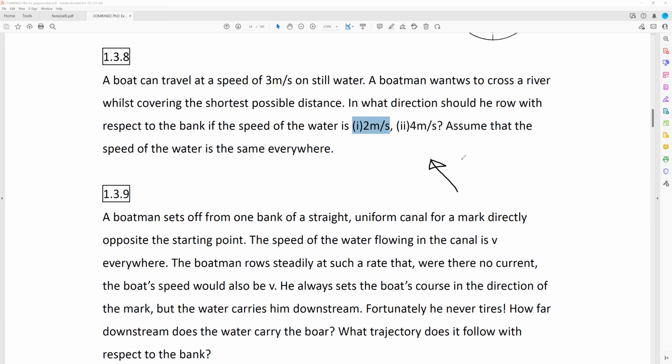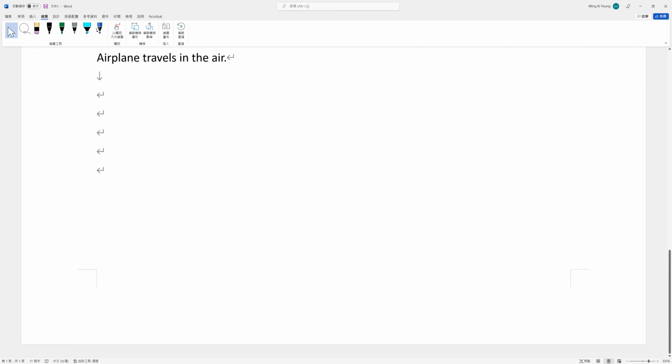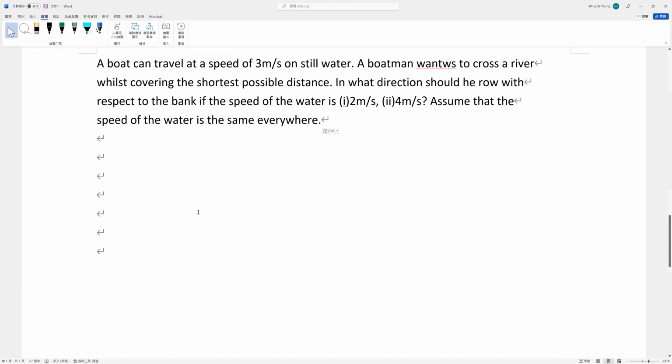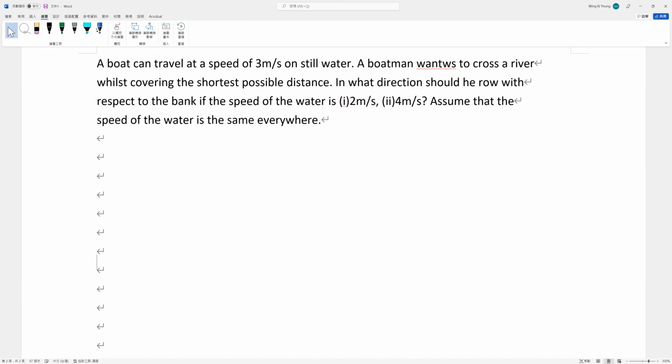So 3 meters and then 2 meters, and then the resultant one is vertical, and in this direction it can move with the shortest possible distance. But I want you to think about this one, 4 meters per second. Now let me copy this one to a whiteboard. We have done this one already, so I'll just show you the answers here.